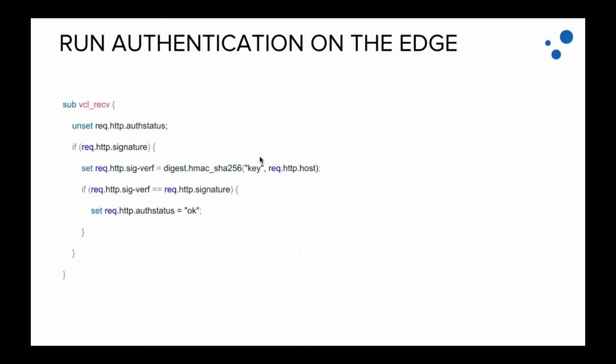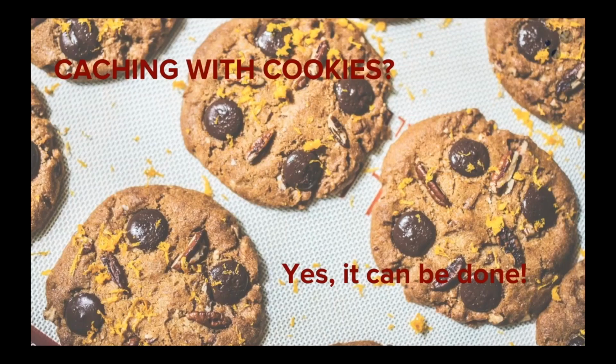So now we have an authenticated user in place, and obviously this user will have at least a cookie header. Most likely it will have more cookie headers. Until last year, everyone used to suggest not to cache with cookies, and that's because the cookie header usually brings personal information.